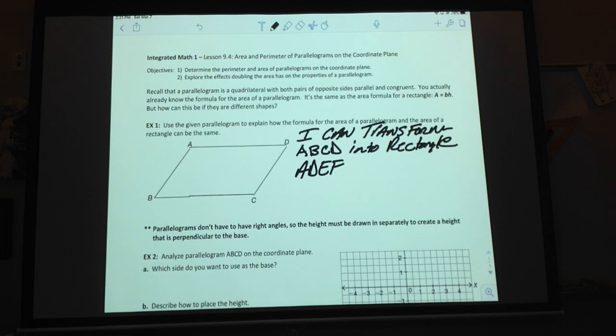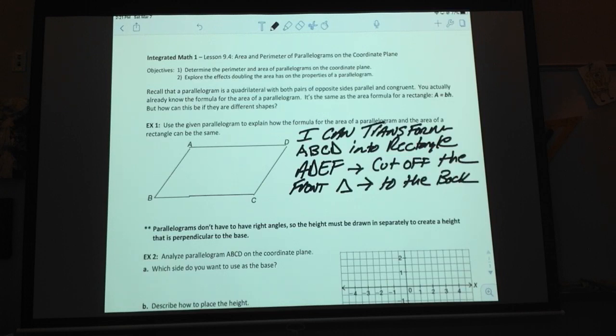And how I'm going to do that is I'm going to cut off the front triangle and move it to the back. Okay? So here we go.